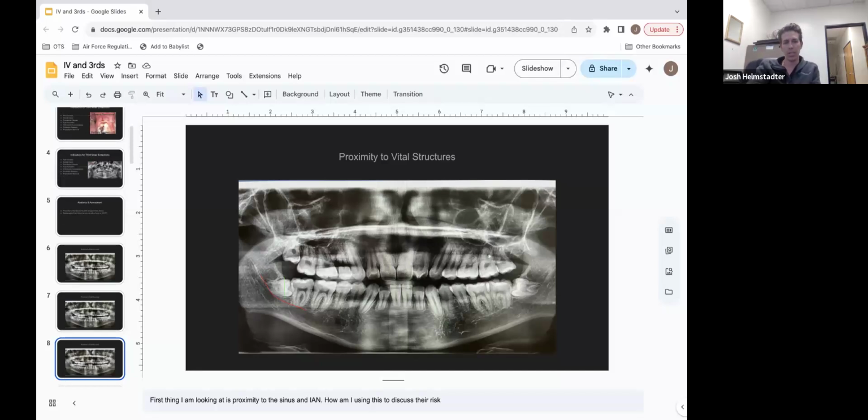I'm cutting 3/4, 80% of the way, and then breaking it. So in my opinion, this is still relatively safe for the IAN. If I need to, I'll make a second cut to the furcation, which is still a good distance from the IAN. So that's how I'm determining if I'm taking on a case.